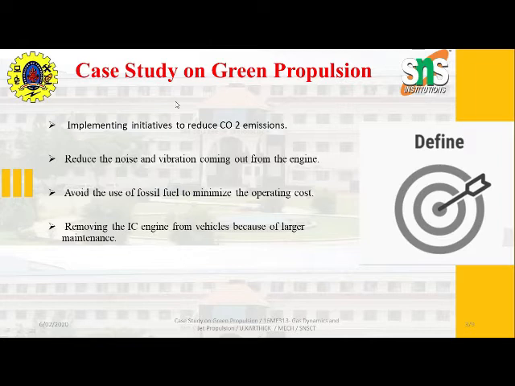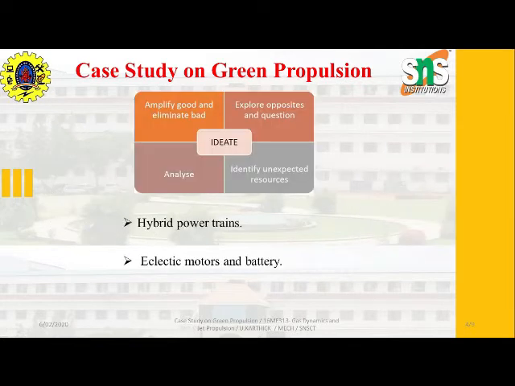Based on that, we need to develop different concepts, right? And the next part in design thinking is ideate. Here we have collected a number of ideas, but I have listed only two because these are the two possibilities. The first one is hybrid powertrain.